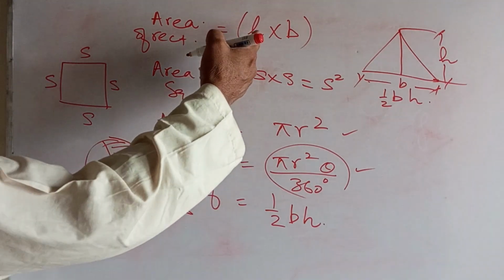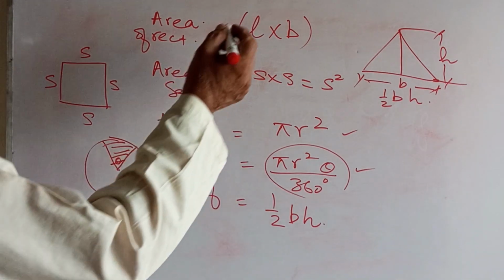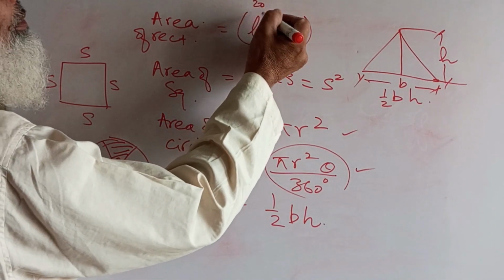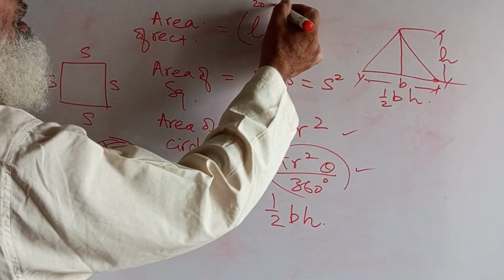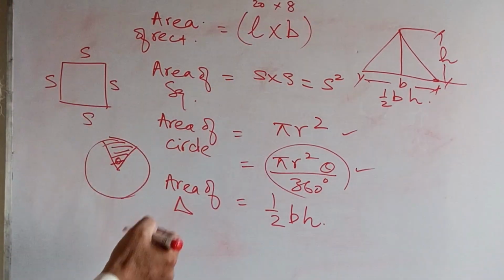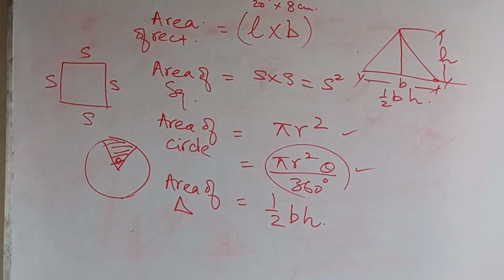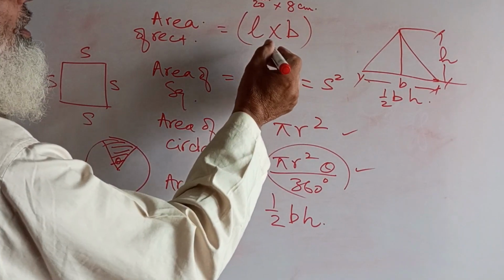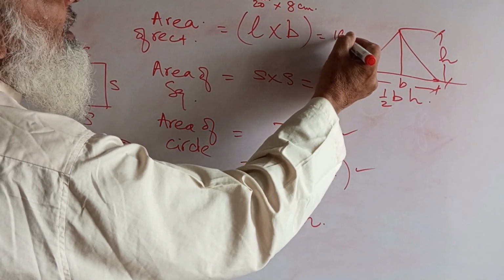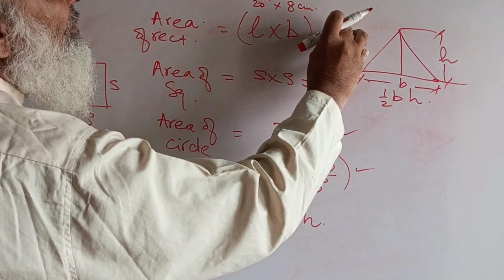For example, this length is 20 centimeter, and breadth is 8 centimeter. Both are in centimeter. Now the result will be 160. This is the numerical value.